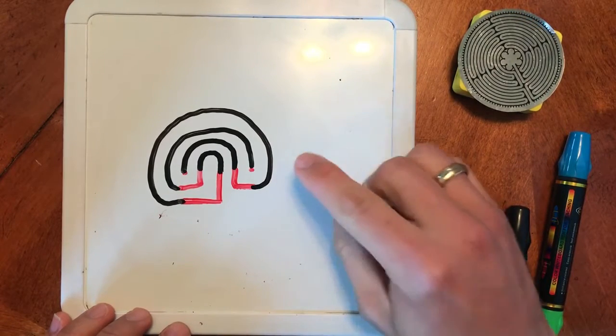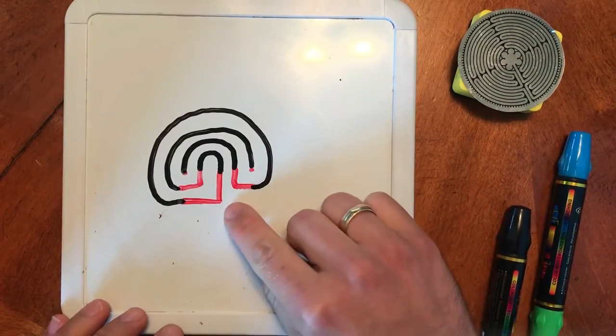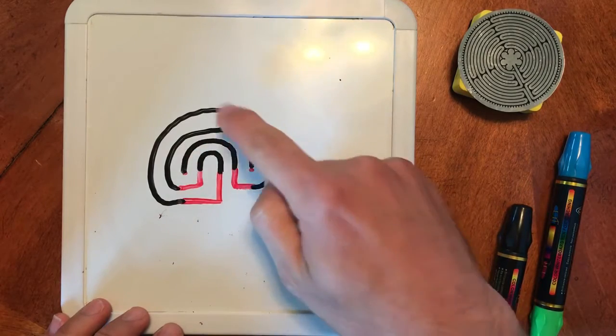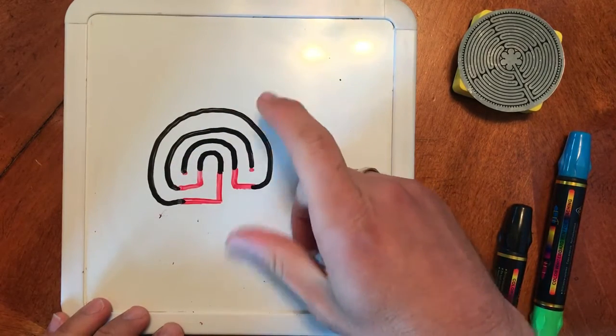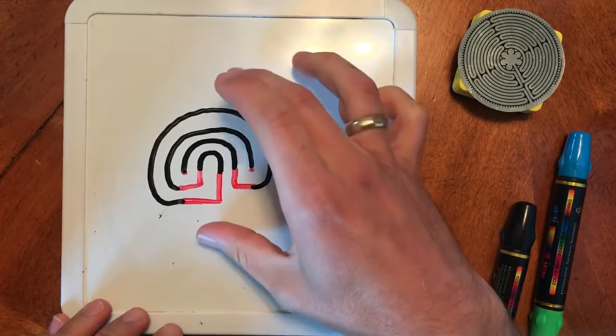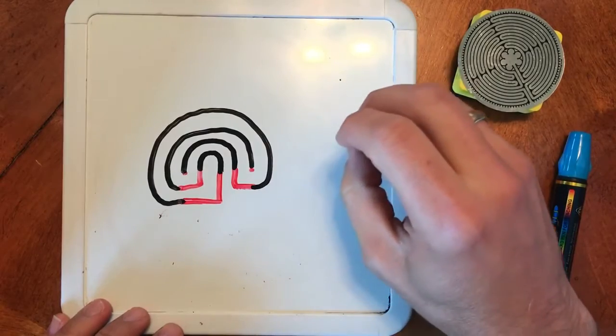So if you want to draw this 3-circuit, just use the same seed pattern and you end up with what is the simplest labyrinth in the world, and is actually the inside half of the full 7-circuit design.